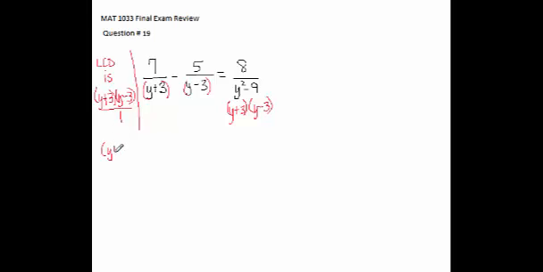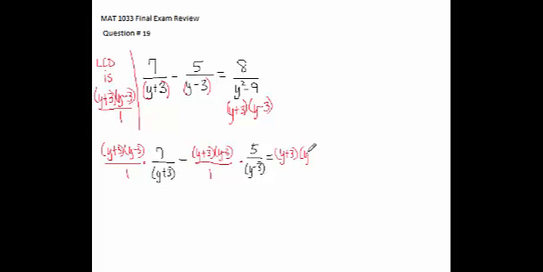We've got y plus 3 times y minus 3 over 1 times the 7 over y plus 3, and then minus, again, the y plus 3, y minus 3 over 1 times 5 over y minus 3, and that's going to be equal to y plus 3, y minus 3 over 1 times 8 over.